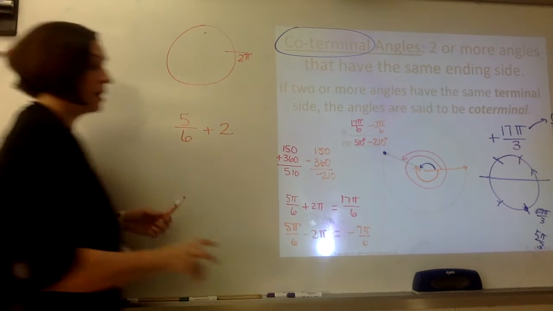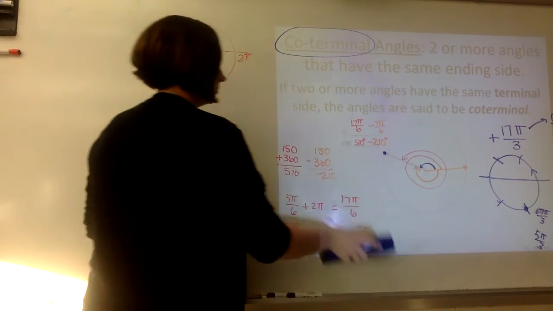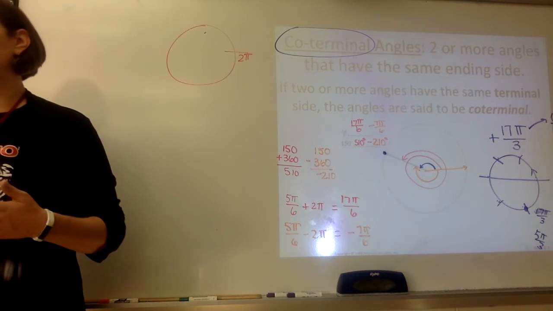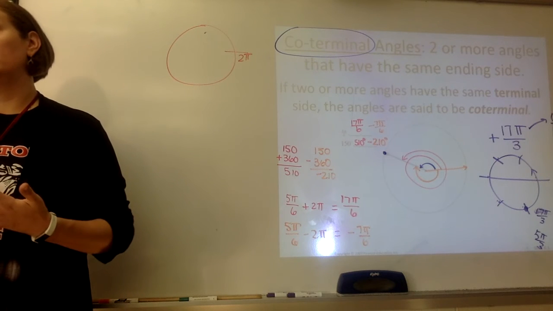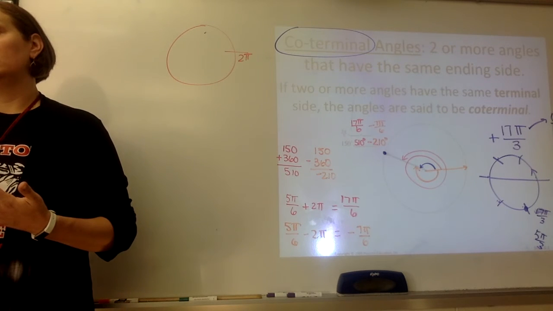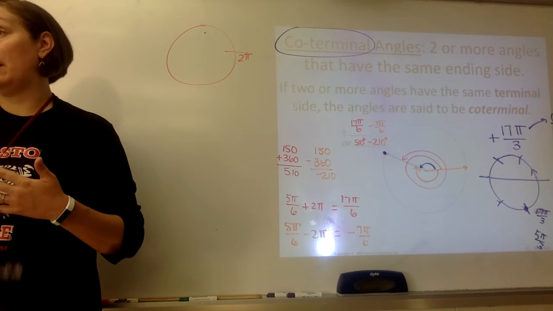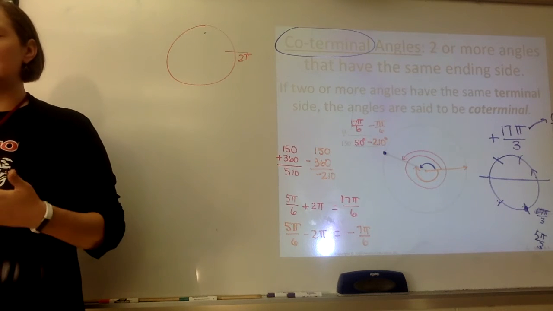I'm having trouble with this one where 5 pi over 6 is. Okay. So, first of all, 5 sixths is less than 1, correct? The fraction? Yeah. So you know it's got to be in quadrants 1 or 2. Right? Because it's not 1 pi, it's less than 1 pi. It's 5/6 of pi. So then the second thing you want to see in your head is the denominator is 6.